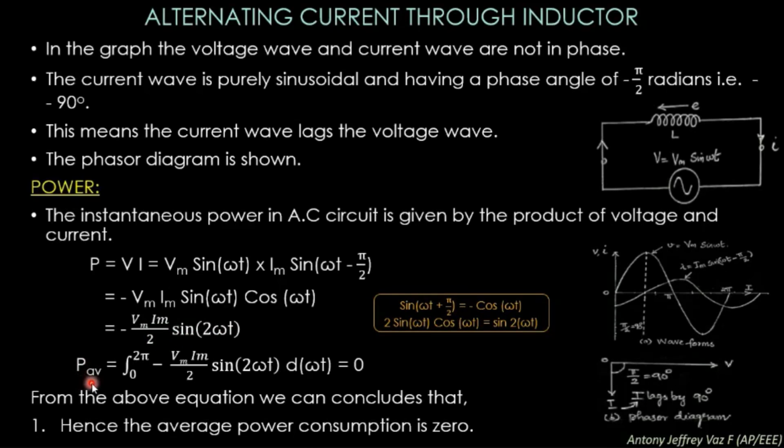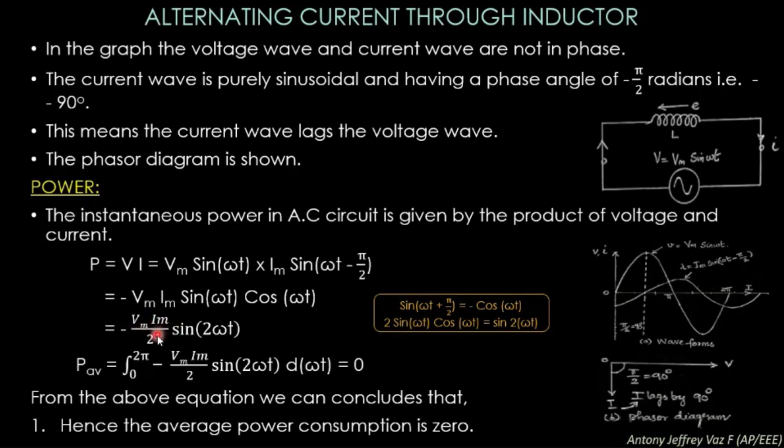To find the average power, you integrate over one complete cycle, that is from 0 to 2 pi.